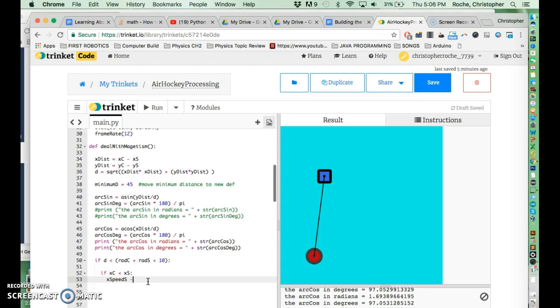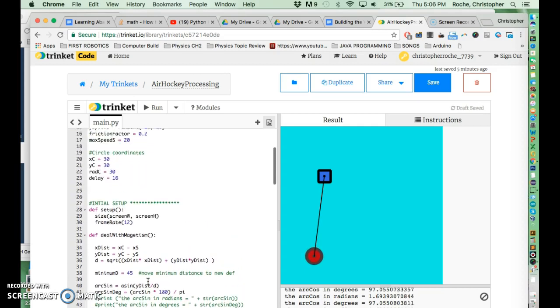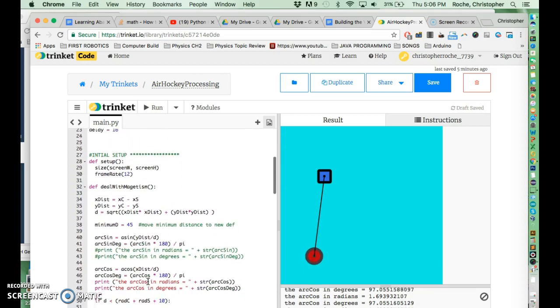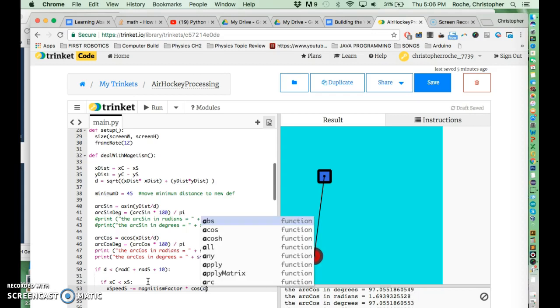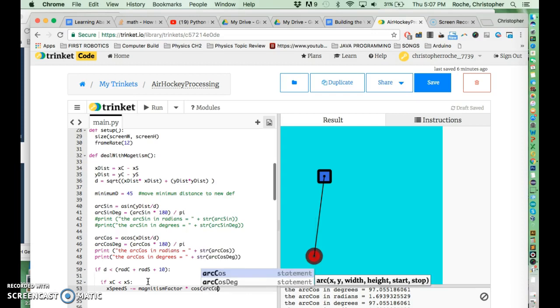minus equals a magnetism factor, which we're going to make, times cosine of the arc cosine. Okay, something like that. Otherwise, I want to do this.